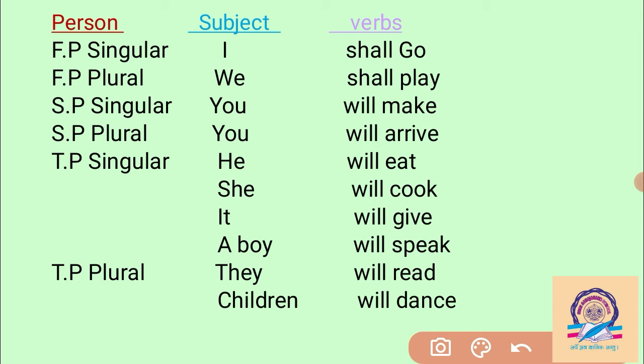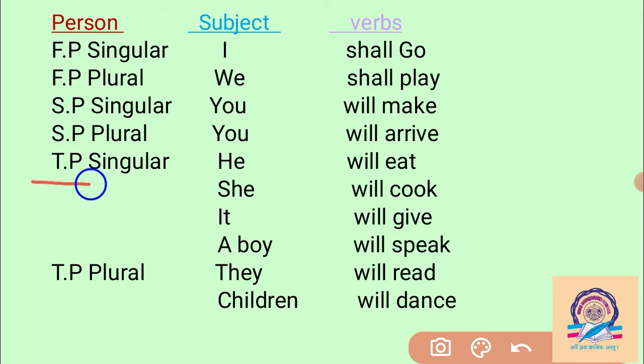The teacher is speaking in the classroom, so the teacher is first person singular only, but the listeners are many students, so they are plural listeners. For that we have to use will make, will arrive. So we have to use will with a verb with you.